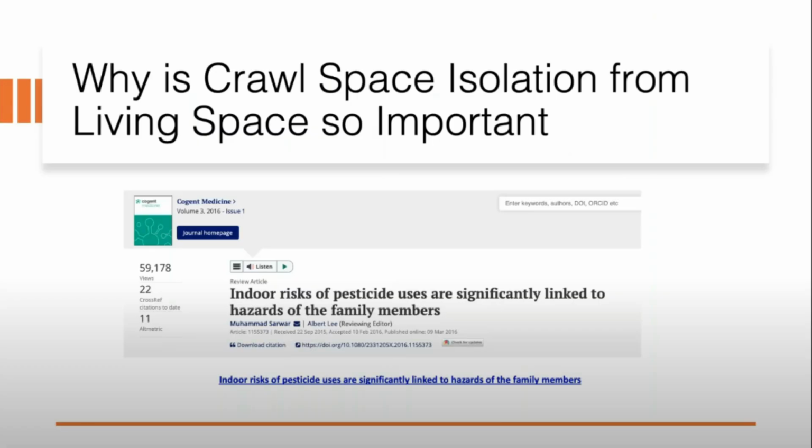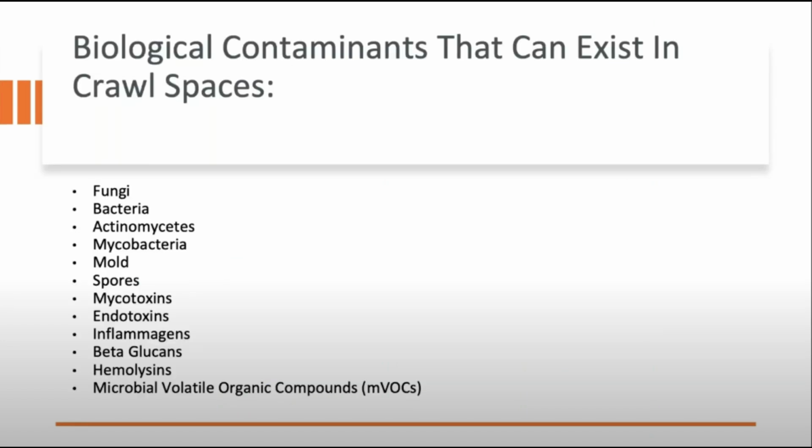Let's discuss why crawl space isolation from the living space is important. When we talk about what is going on in the crawl space as it relates to potential pesticides and the use of treated wood, we understand further why isolating the crawl space from the living space is so important. That leads us to our next problem, which is the biological contaminants that can exist in crawl spaces. Just using that term sounds concerning in most people's minds.